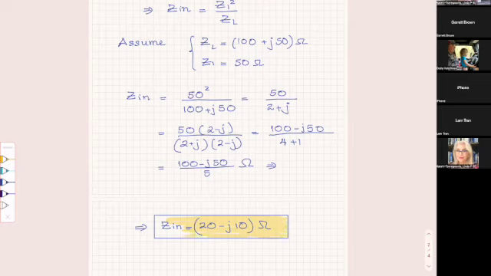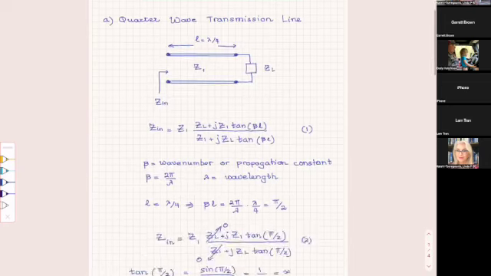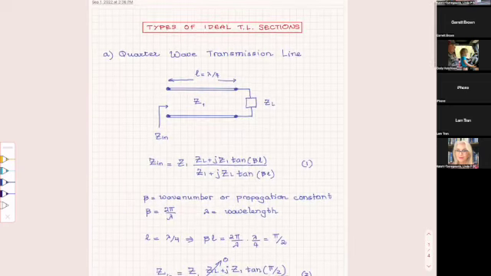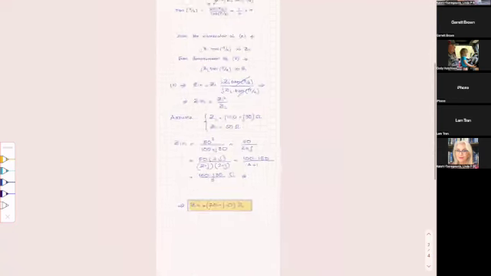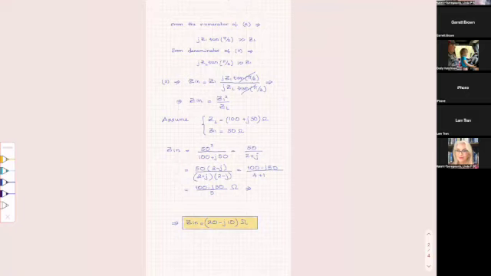If you don't have any questions, then I'll solve another problem, which is going to also help you. So that's problem number 1, a quarter wave transmission line. One second. Let me make this a little smaller.